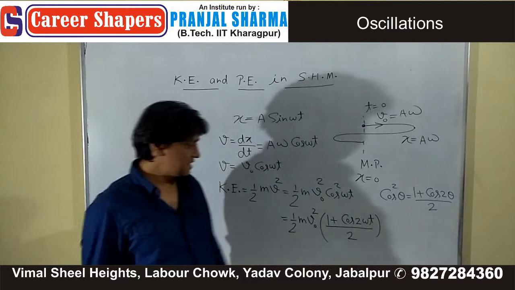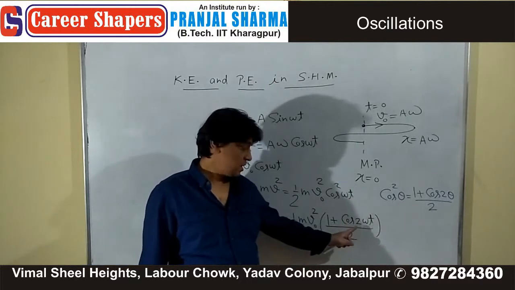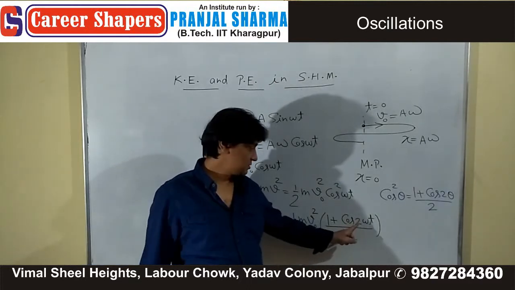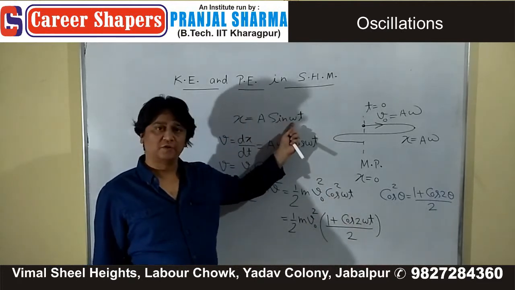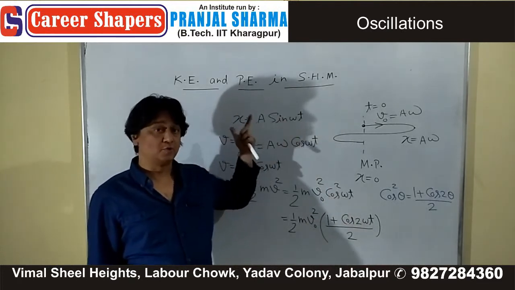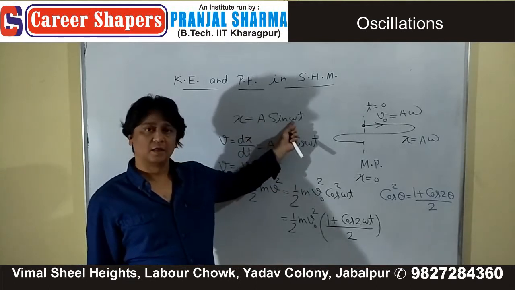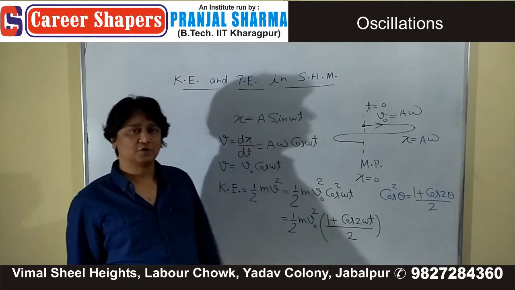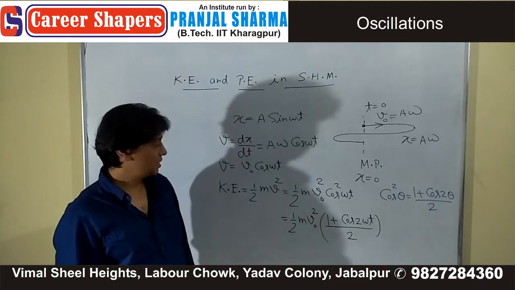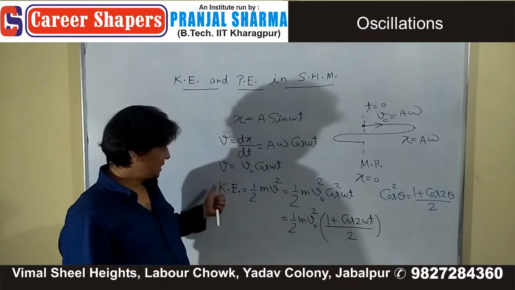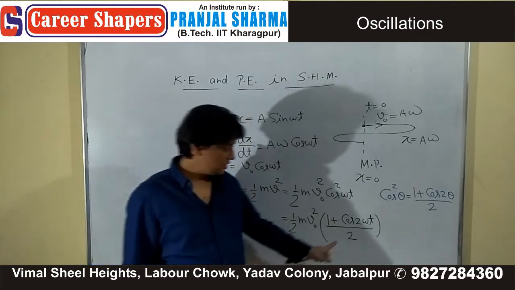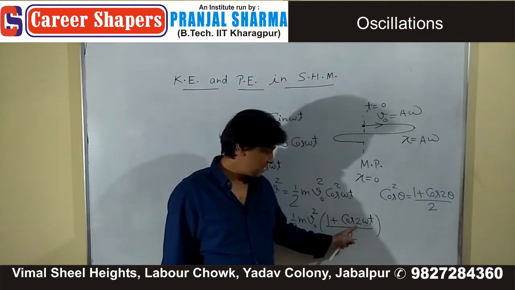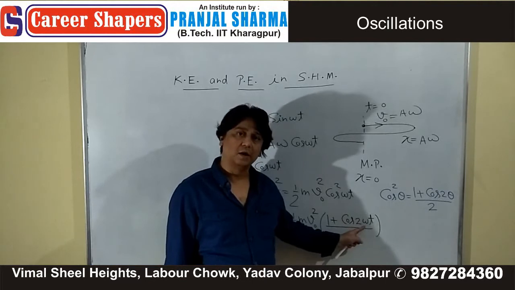We'll try to understand something special: look at the angular frequency of simple harmonic motion. It's omega. If the angular frequency of simple harmonic motion is omega, you can see that the kinetic energy part has angular frequency 2 omega.